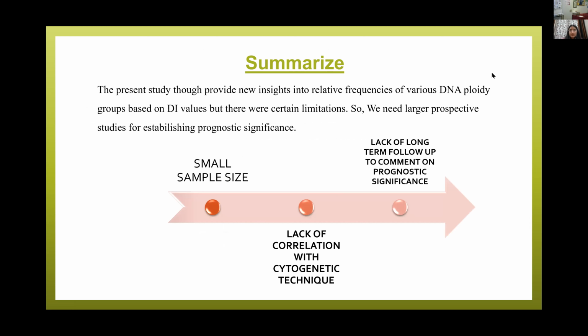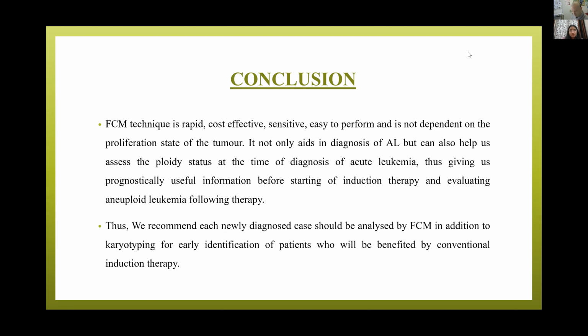So to summarize, the present study, though provide new insights into relative frequencies of various DNA ploidy groups based on the DNA index values, but there were certain limitations like the small sample size, the lack of correlation with cytogenetic techniques, and a lack of long-term follow-up to comment on the prognostic significance of the ploidy. So we need larger prospective studies for establishing the prognostic significance here.